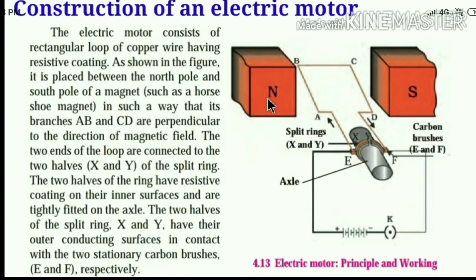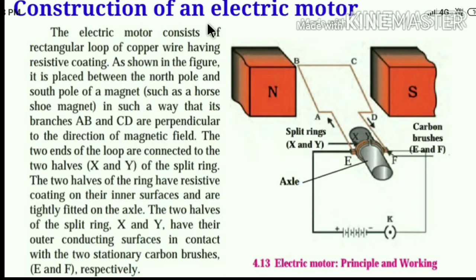So this wire is placed in between the north pole and south pole of the magnet in such a way that its branches AB and CD are perpendicular to the direction of magnetic field.